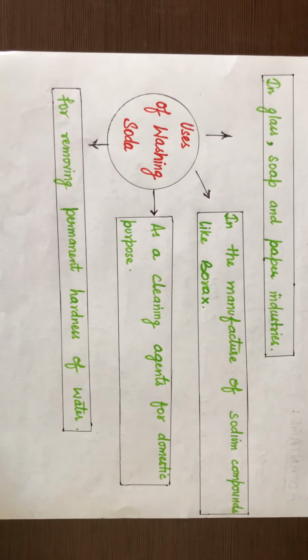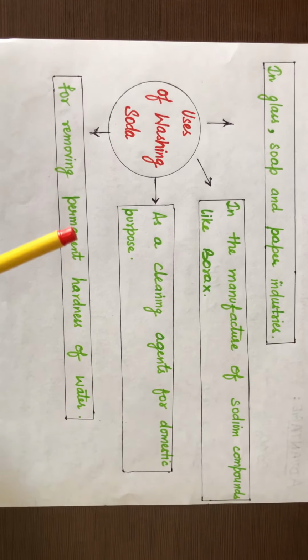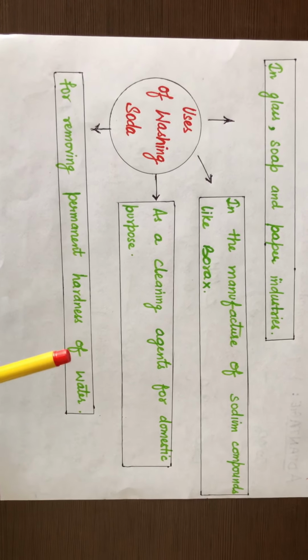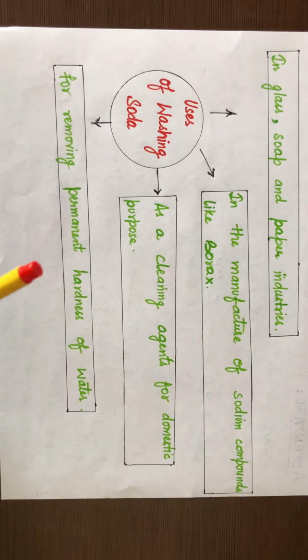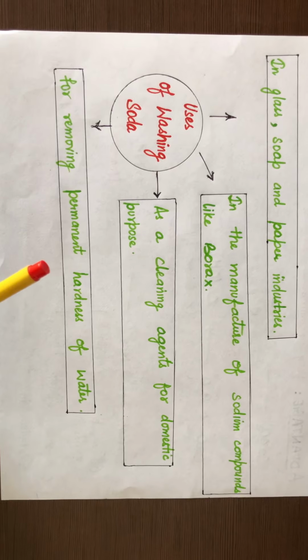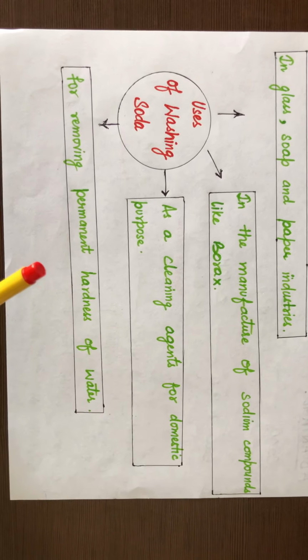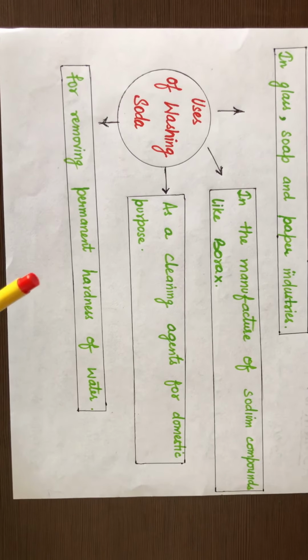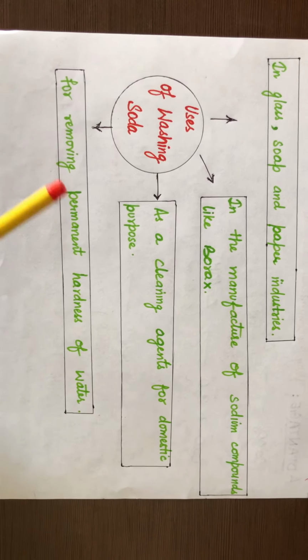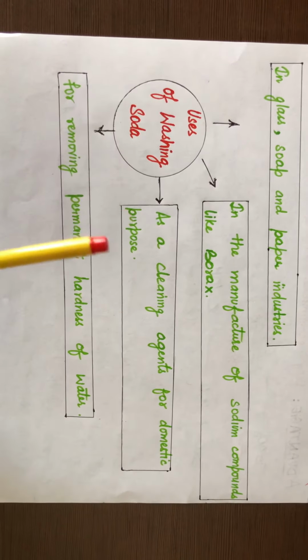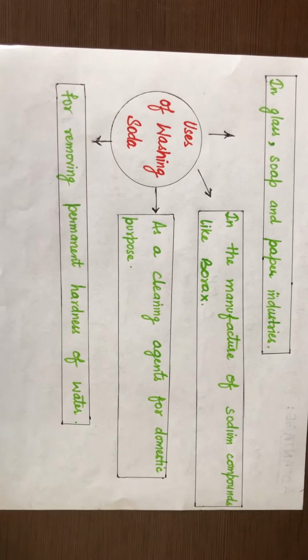And the last one is, it is used for removing permanent hardness of water. And now, what is permanent hardness? Permanent hardness of water is due to the presence of chloride and sulfate ions of magnesium, etc. So it is used for removing permanent hardness in water.